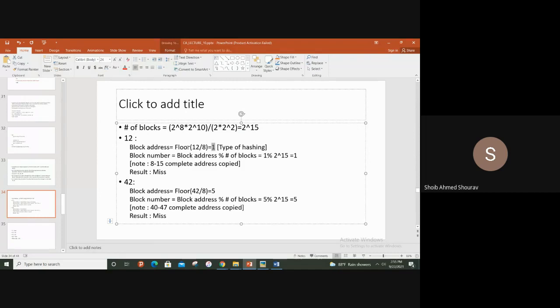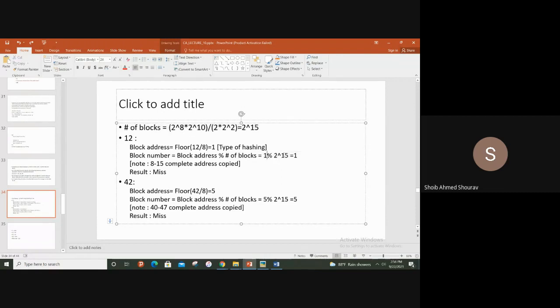If we take the floor, then block number will be block address mod number of blocks. The block address is 1, and the number of blocks, not bytes per block, is 2 to the power 15.